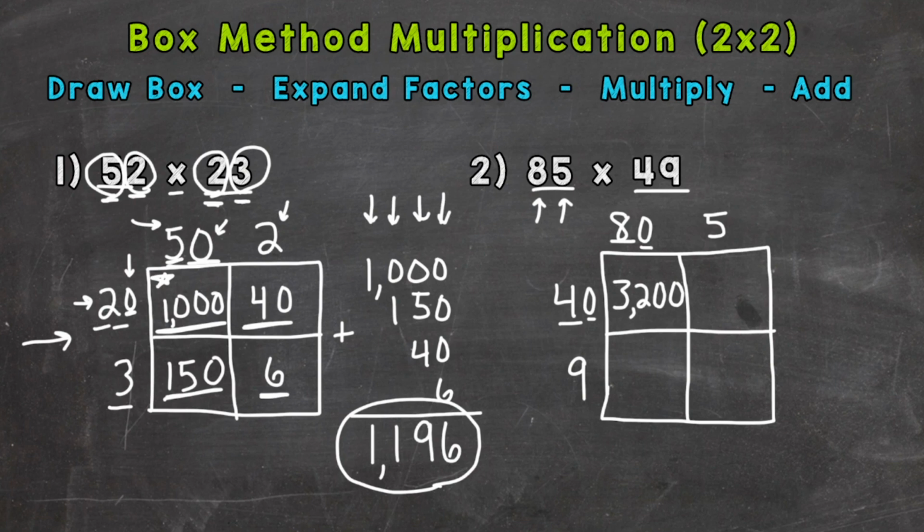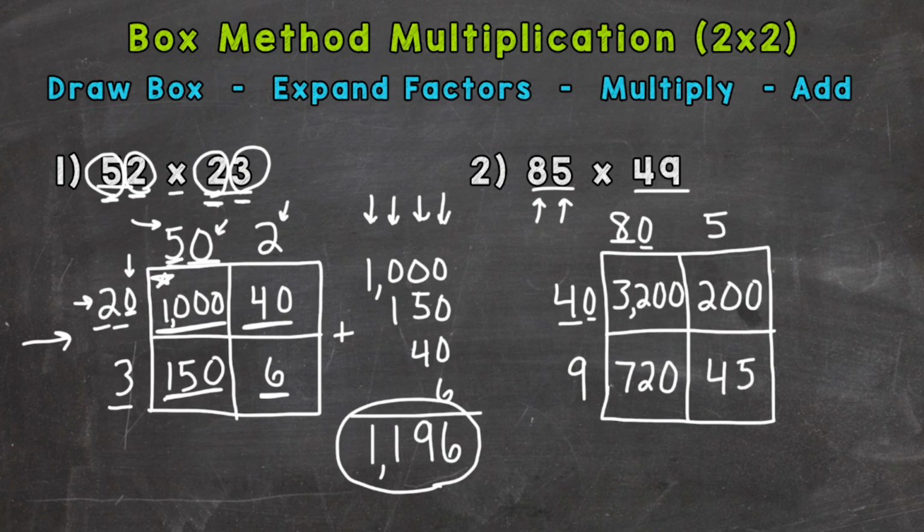So now we do 40 times 5. So 4 times 5 is 20. And then we will place our 0 on the end. Next, 9 times 80, so 9 times 8 is 72. And put our 0 back on, so we get 720. And then we end with 9 times 5, which is 45.